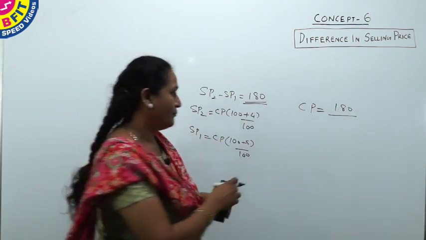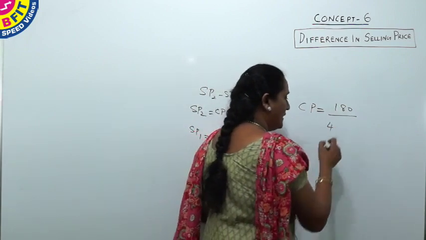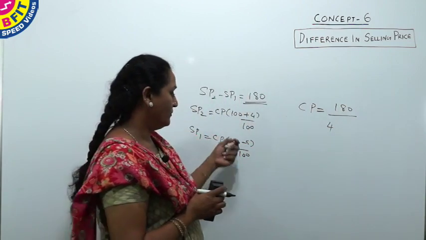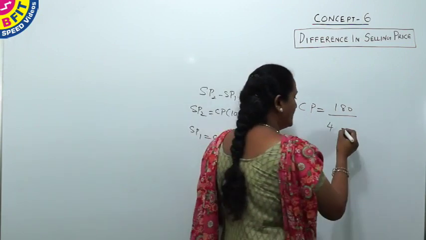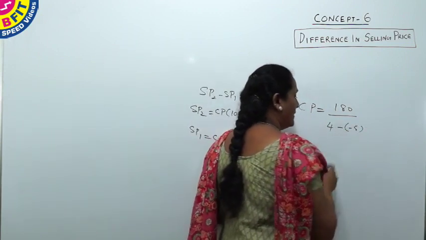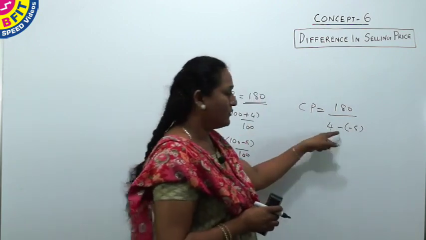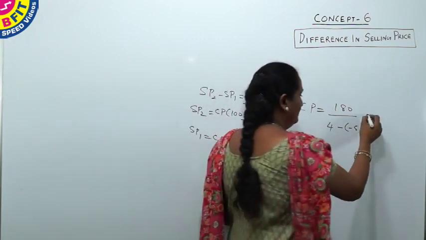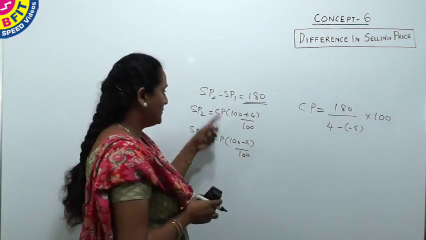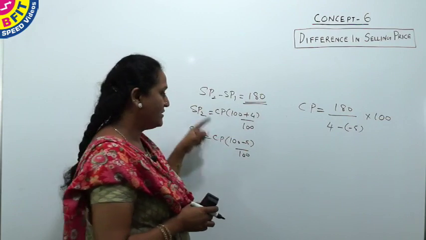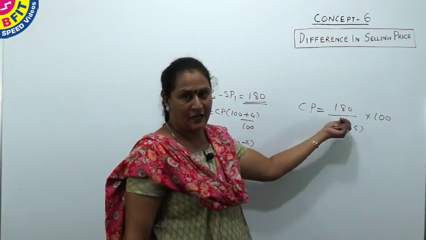When he sells for 180 more, the profit is 4. Earlier he incurs a loss of 5%. So it is the difference in profit percent. But if it is one profit and the other loss, we will add. Into 100. So substituting in SP2 and SP1 and simplifying, finally we'll end up in this working.